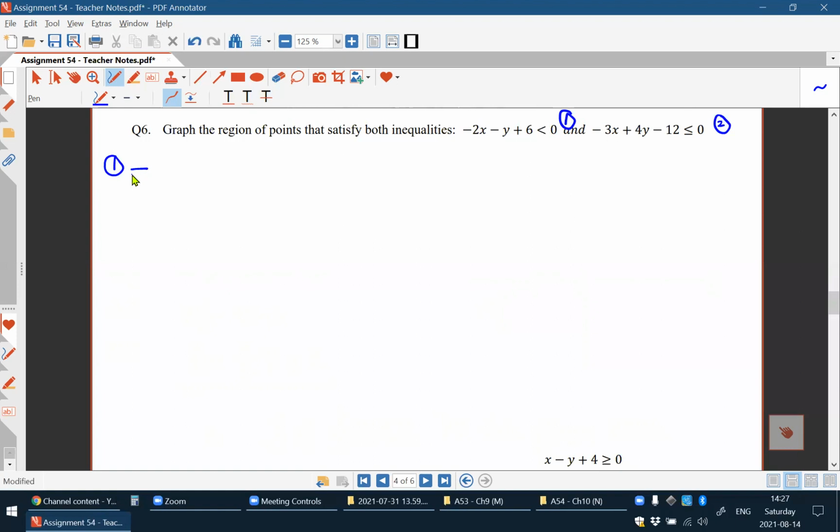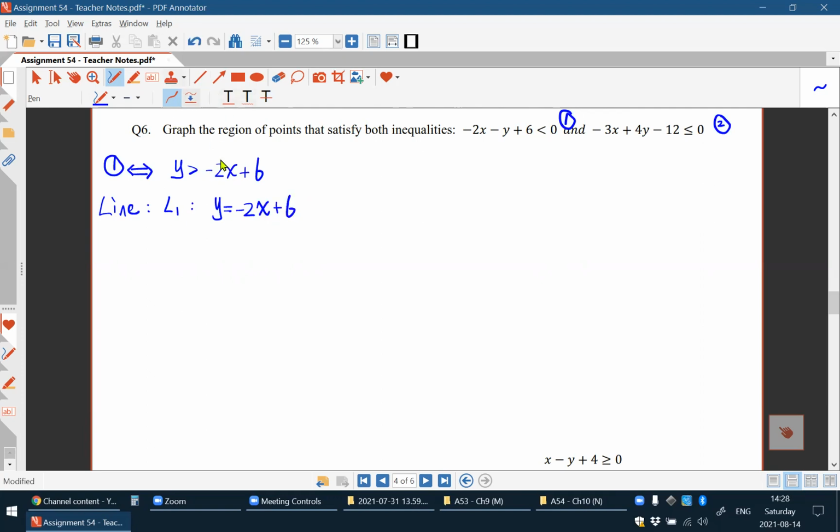Inequality 1 is equivalent to, in order to find that line, we need to separate x and y. This is equivalent to y is greater than minus 2x plus 6, right? And the corresponding line, let's call it L1, is y equals minus 2x plus 6, right?